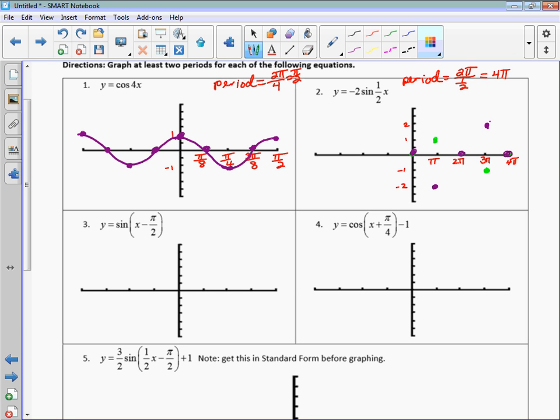Okay, and then if you did the left side, up, middle, you're just following the same pattern.